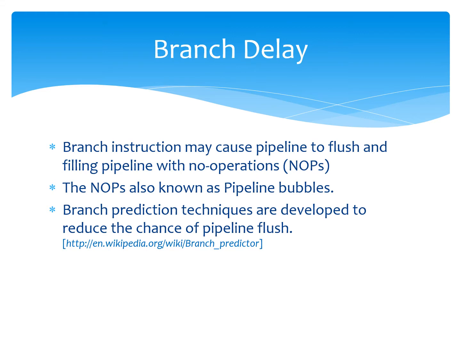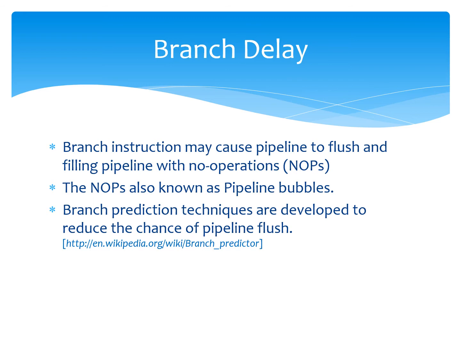However, the pipeline does not always stay filled. The reason is that we cannot fetch the instruction that follows a branch until the branch completes execution. Thus, as soon as the pipeline fills, a branch is encountered, and then the pipeline has to be flushed by filling it with no operations.